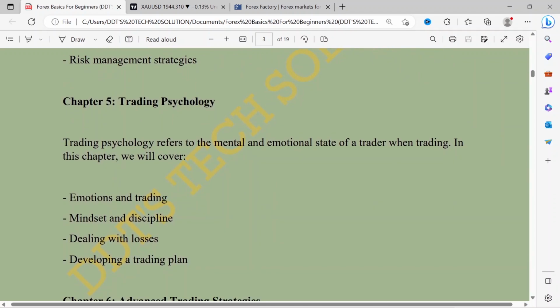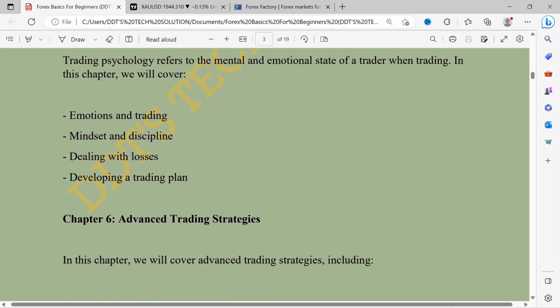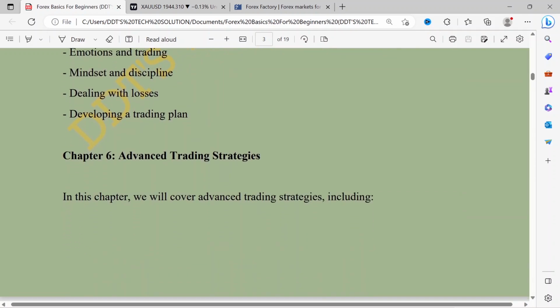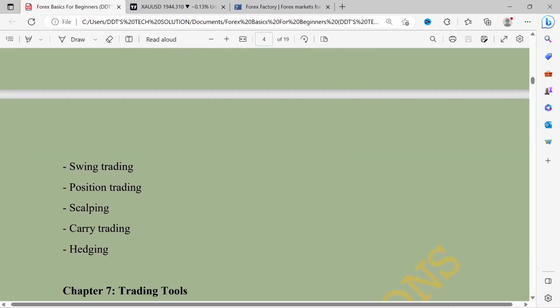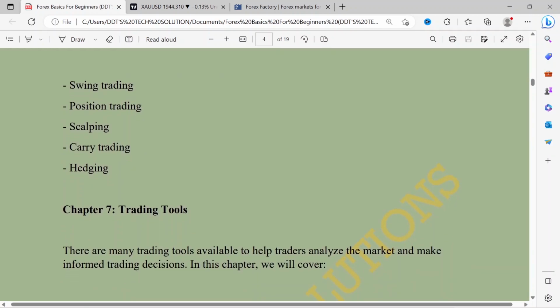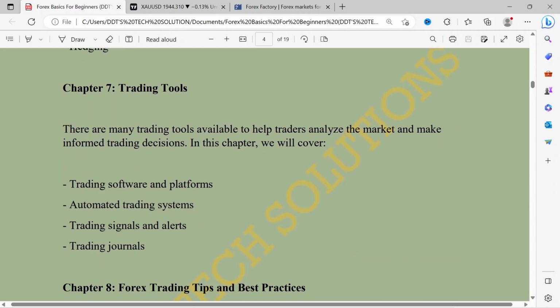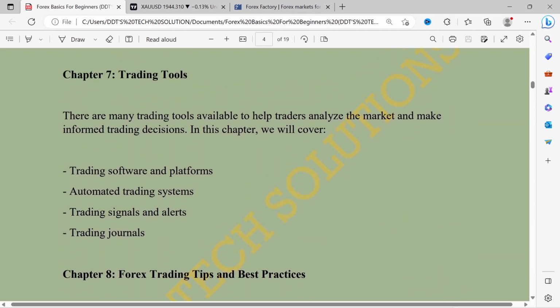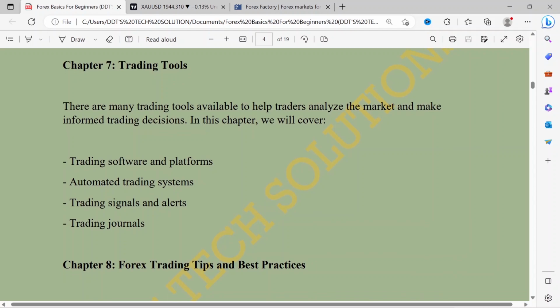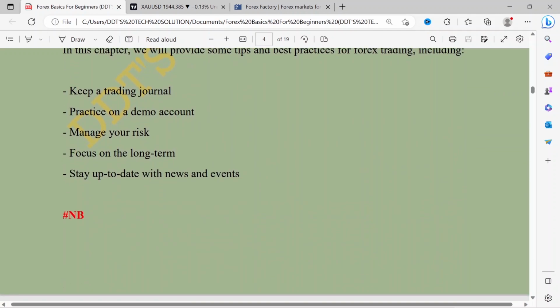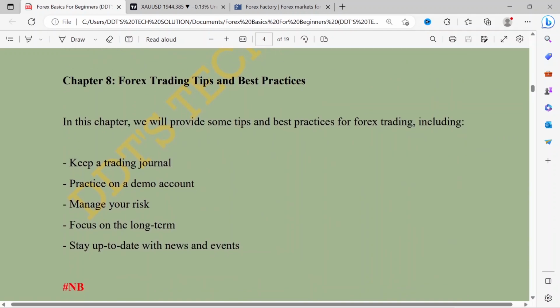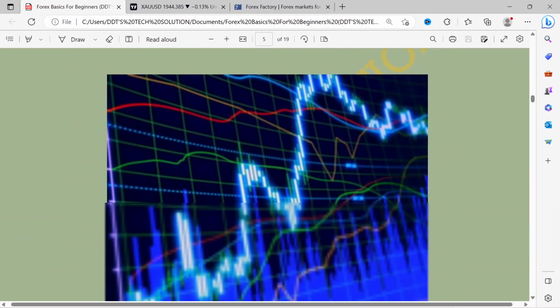As well, trading psychology, how your emotions affect trading. And then advanced trading strategies, that's talking about swing trading, scalping and other trading. And then talking about trading tools like trading software and automated trading systems, as well as trading signals and alerts. And then for the last chapter, talking about some trading tips and some best practices.